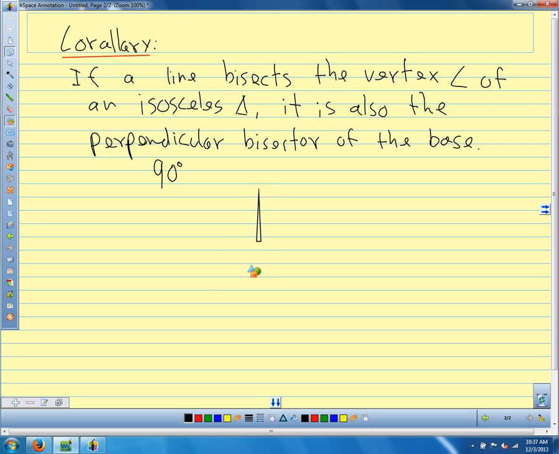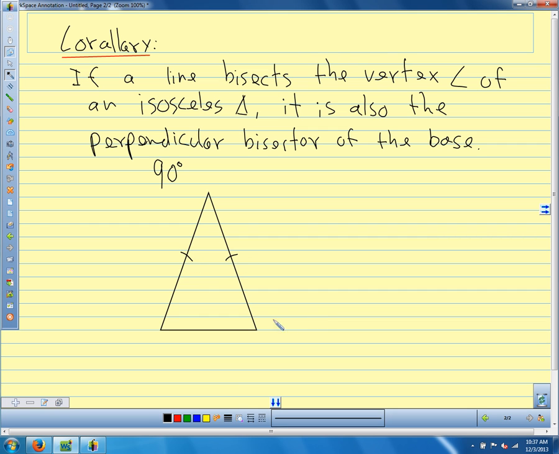So here's my isosceles triangle. Those two sides are congruent. I'm going to bisect the vertex angle. So that means when I cut this in half, those two angles are congruent. So I cut that vertex angle in half.